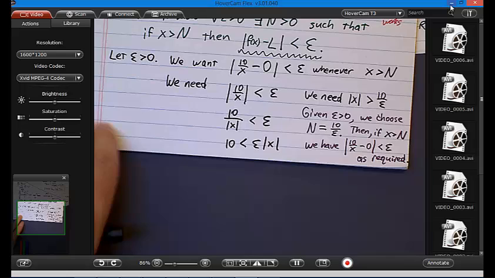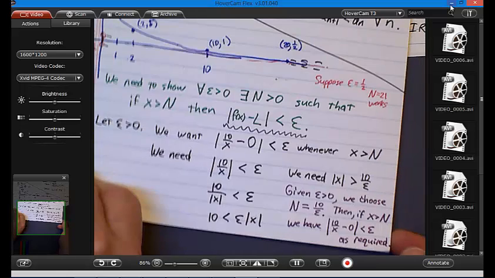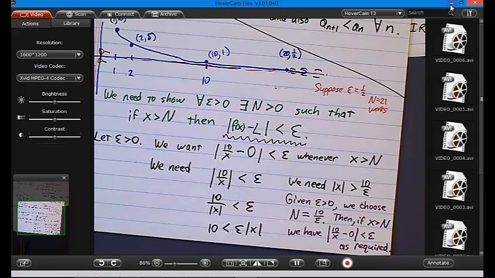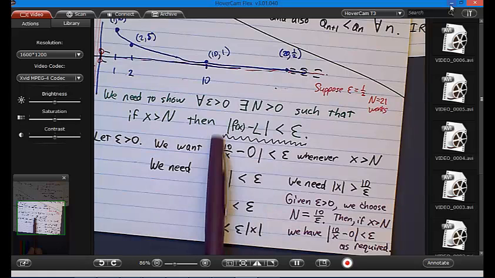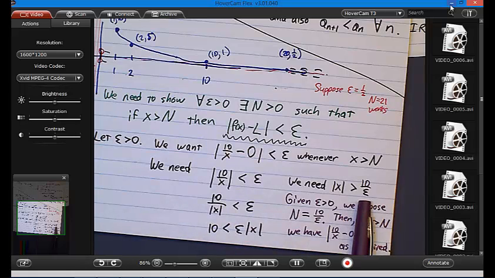I think one last test that proof works, let's go back to the example we did before. Remember I said let's let epsilon be a half? All right, let's choose n using our little formula. If epsilon was a half, we need the absolute value of x to be bigger than what? 20. 10 over a half is 20.